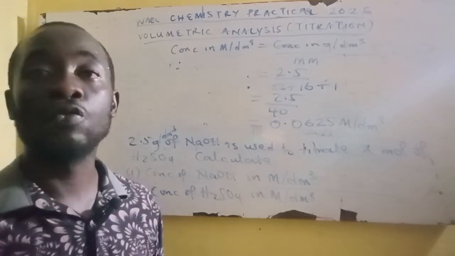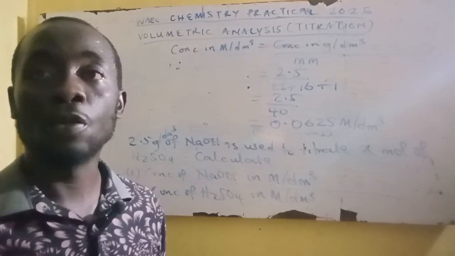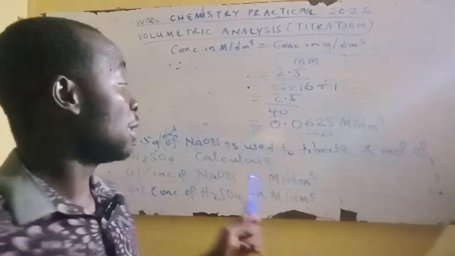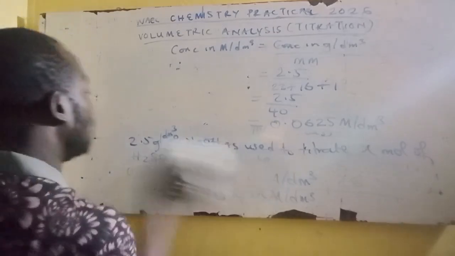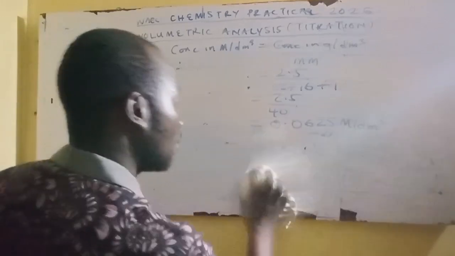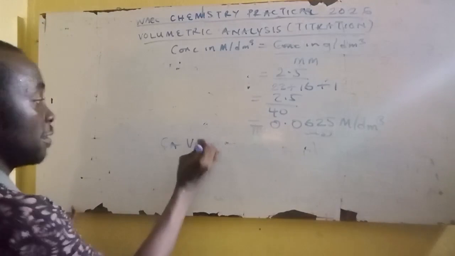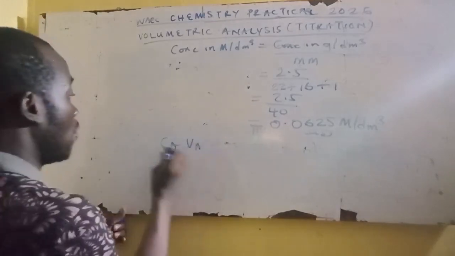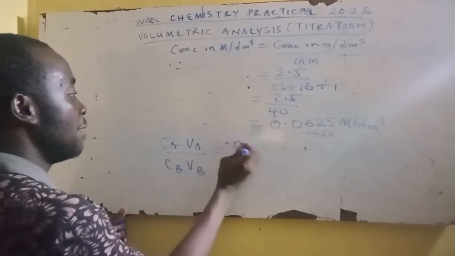Now, let's quickly work out the concentration of H2SO4 in moles per dm cube. I can say CAVA over CBVB equals NB over NA.